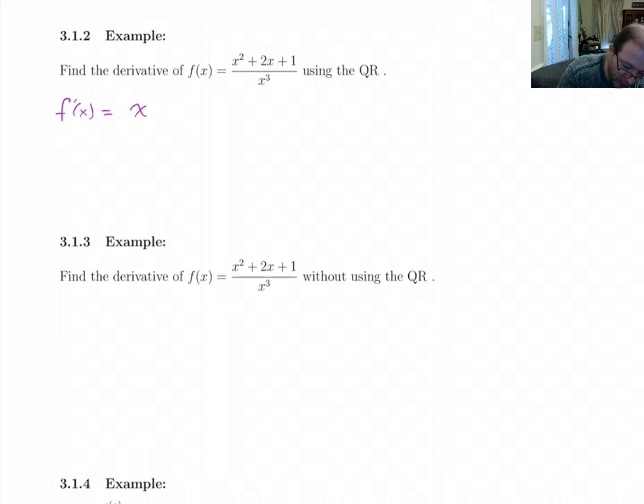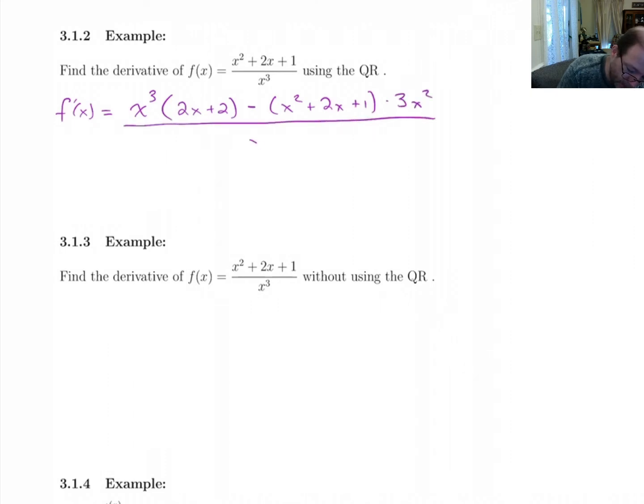All right, so using the quotient rule, we get f prime is, let's see, low d high minus high d low over low squared. I might be a little short of space here, but we'll make it work.